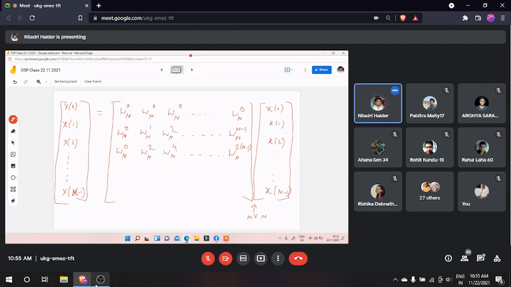For 3 we are getting WN0, WN3, WN6, up to WN of 3 into n-1. Similarly for the last row: WN0, WN n-1, WN2 into n-1, up to WN of n-1 into n-1.